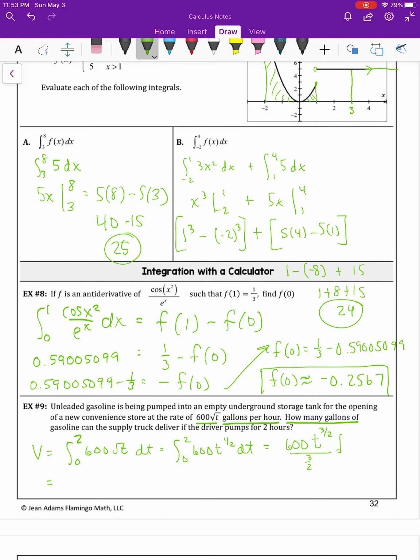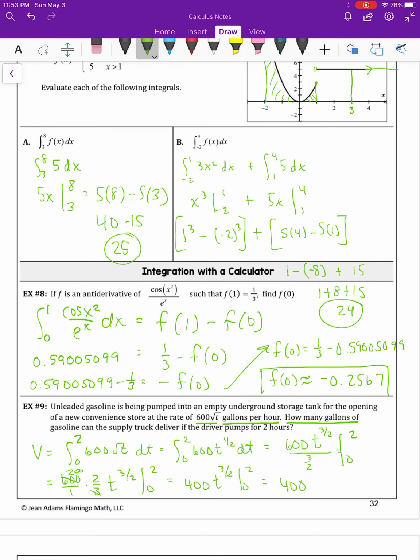And so this 600 stays there, and this is t to the 1/2 plus 2/2, and then divided by 1/2 plus 2/2, from 0 to 2, which is going to be the same thing as multiplying by 2/3. So this is going to be 600 over 1 times 2/3, t to the 3/2 from 0 to 2.